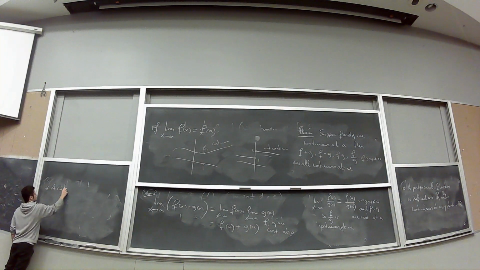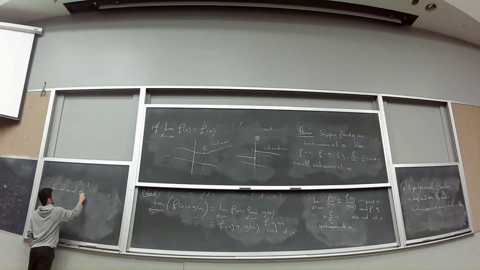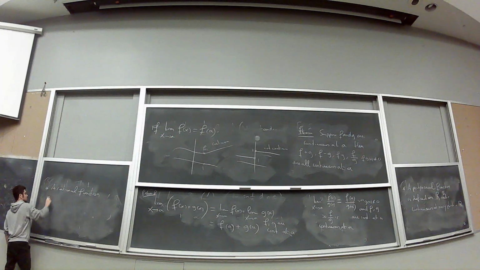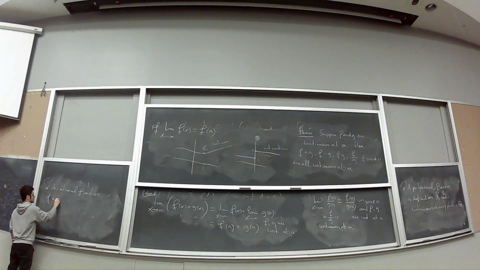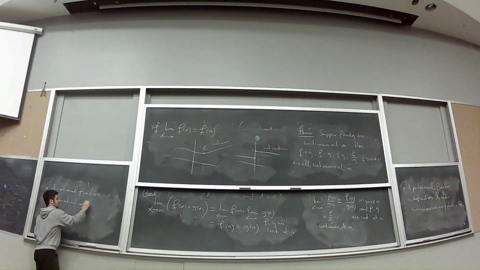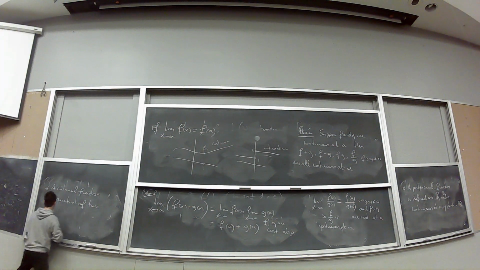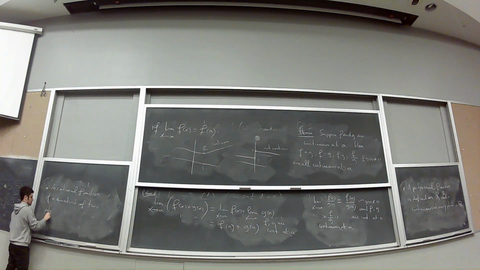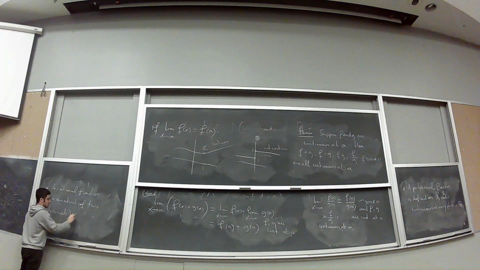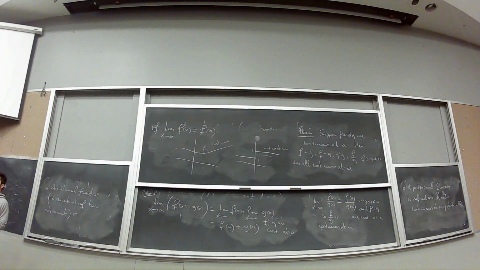A rational function, which is a quotient of two polynomials, is it defined everywhere in general?